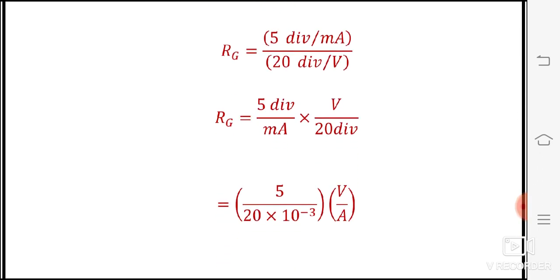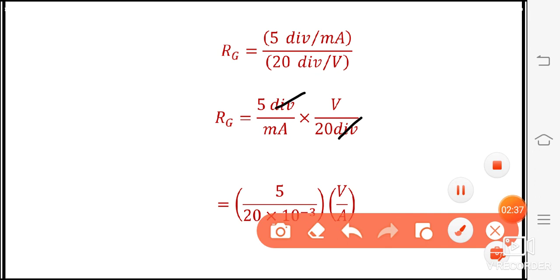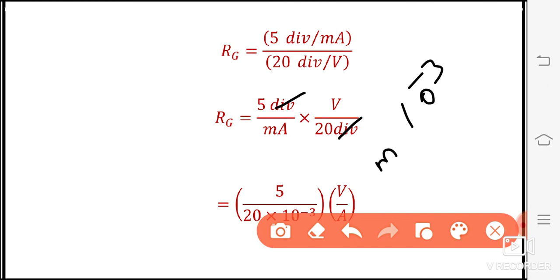From this equation, division cancels. Milliampere can be written as 10 power minus 3. 1 milli is equal to 10 power minus 3.